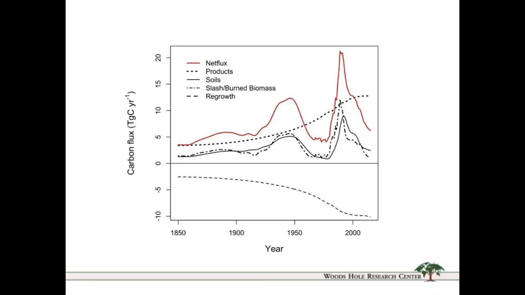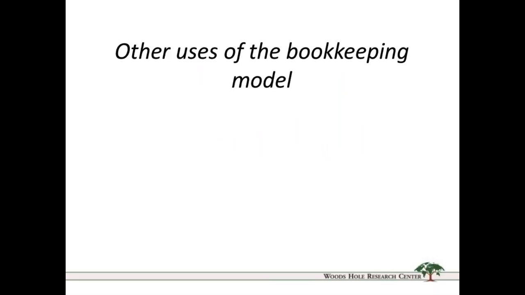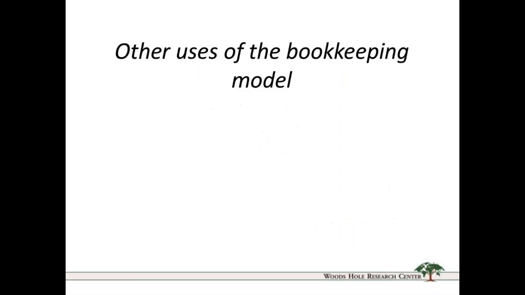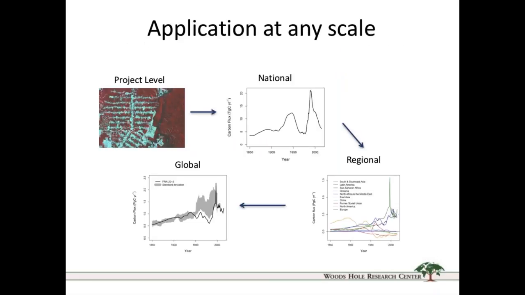And a third way, I don't have the example here, but another way to do it would be if you were running this model state by state for Mexico, you could show the net emissions of carbon from different states, or the net, presumably net accumulations, if those are present.